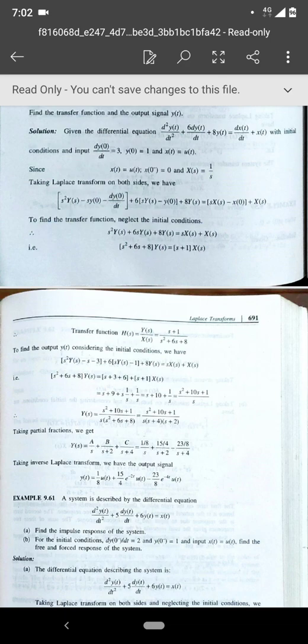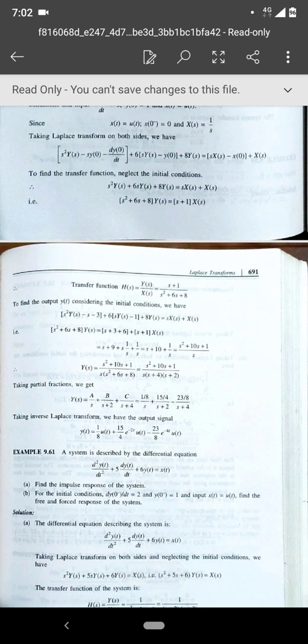Then in example 9.6, a system is described by the differential equation given, and you have to find the impulse response of the system. So what is impulse response? In the previous problems you have seen certain inputs like x of t is equal to u of t, x of t is equal to e raised to minus 2t u of t.